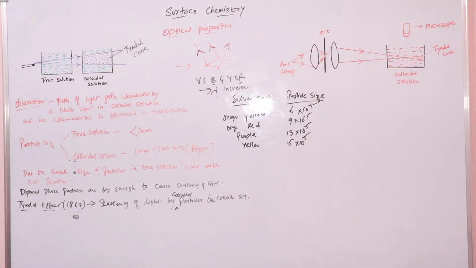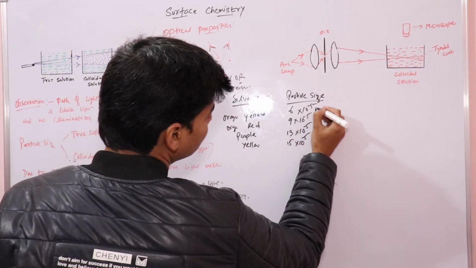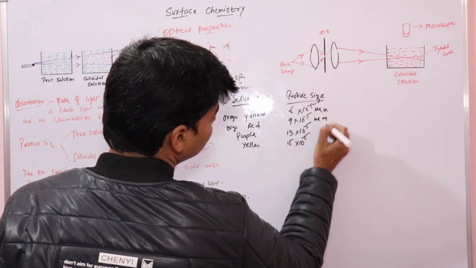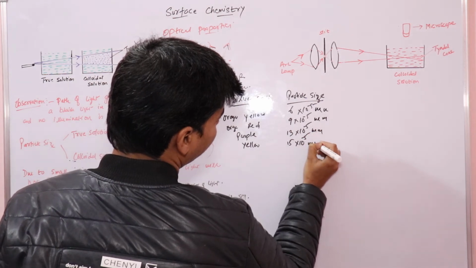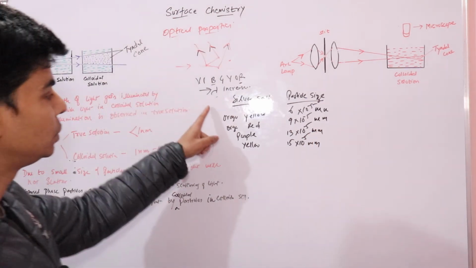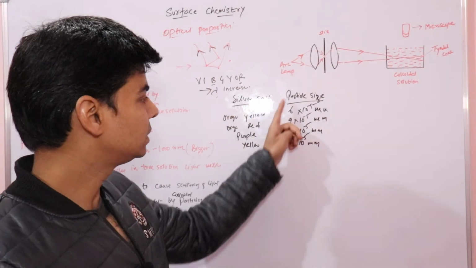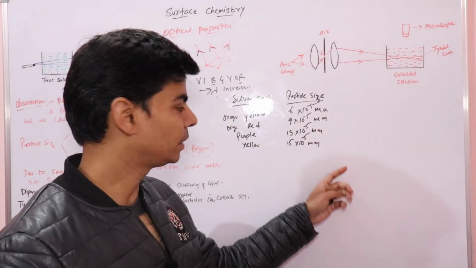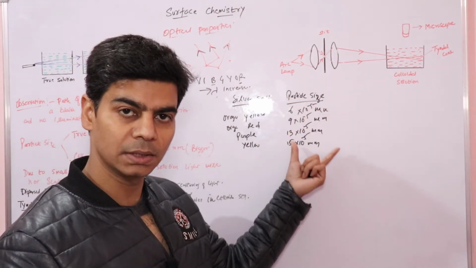Since the colloidal sol contains this range of particles, the colloidal solution of silver contains different sizes of particles.